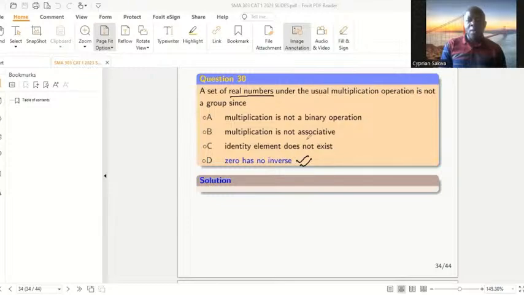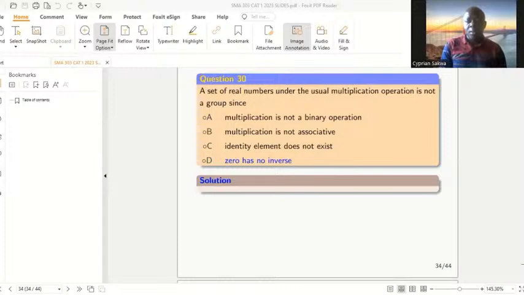All the other real numbers will have an inverse, but 0 doesn't. These are the properties satisfied by real numbers. The only one that will not be satisfied is that 0 will not have an inverse.